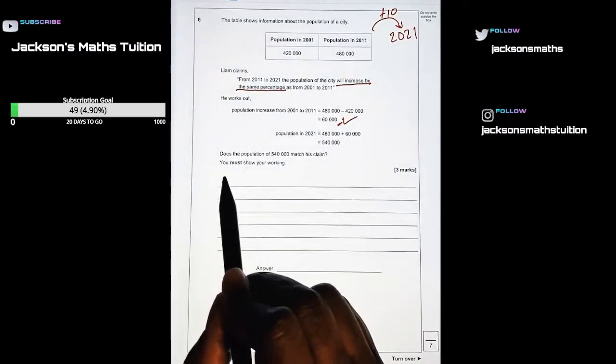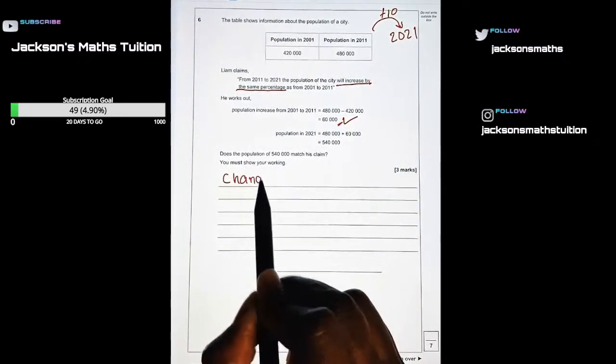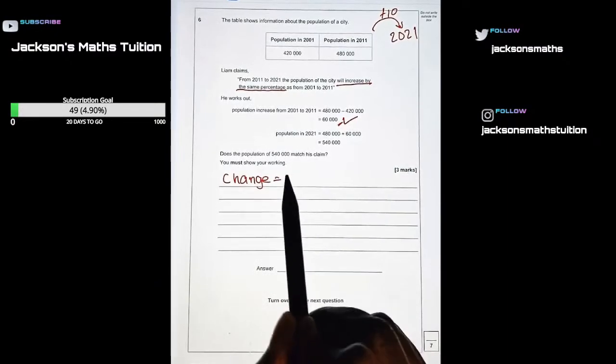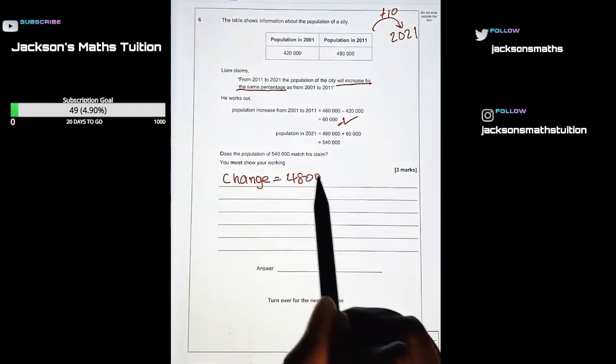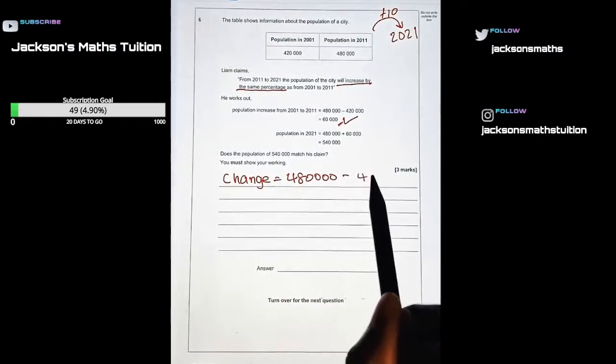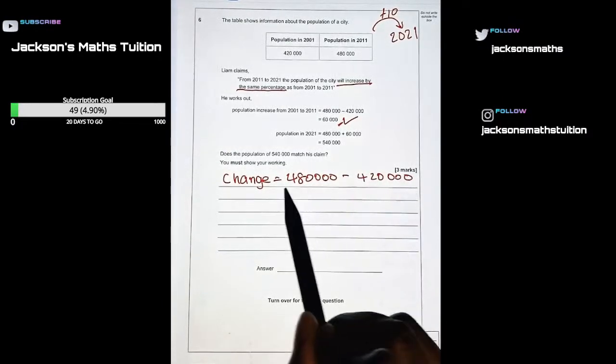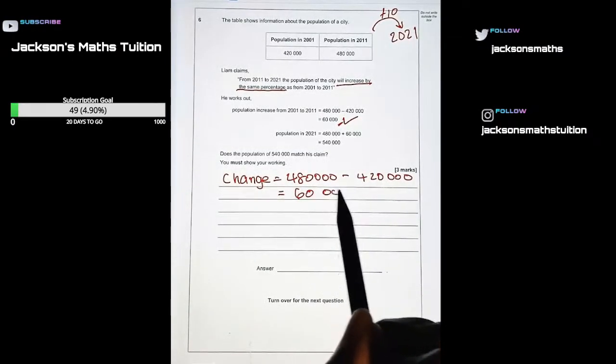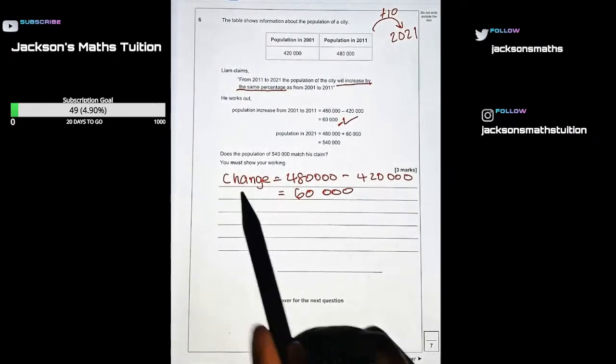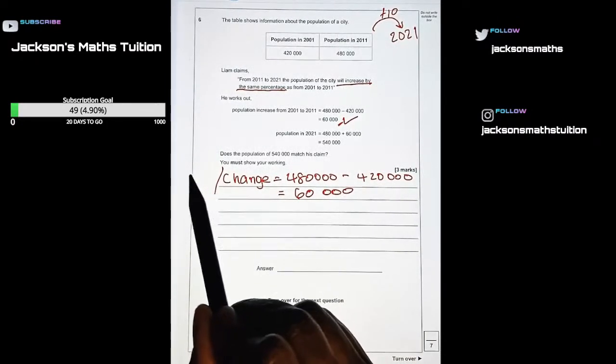So the change, which is already there, is just 480,000 minus 420,000. And that gives you the 60,000. That is your change or the increase.